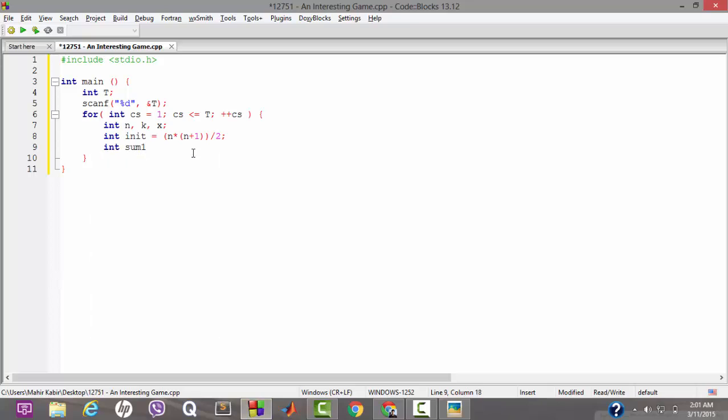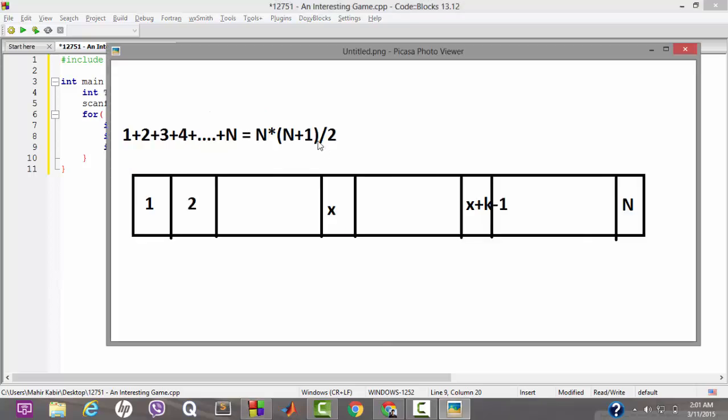Let's call it sum1. To find the summation of 1 to x plus k minus 1, we can obviously use this formula. Let's see what the value of capital N will be for this case. The value of capital N will be x plus k minus 1.